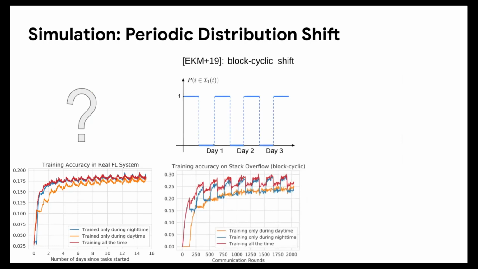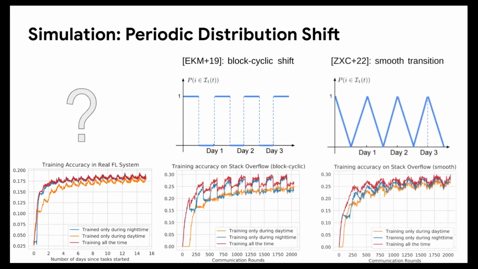In previous work, they model this as a block cyclic shift. So you will have 2 modes of the client distributions. One is for the night mode, another is for the daytime mode, and you will do a block cyclic shift. In our work, we consider this as a smooth transition.